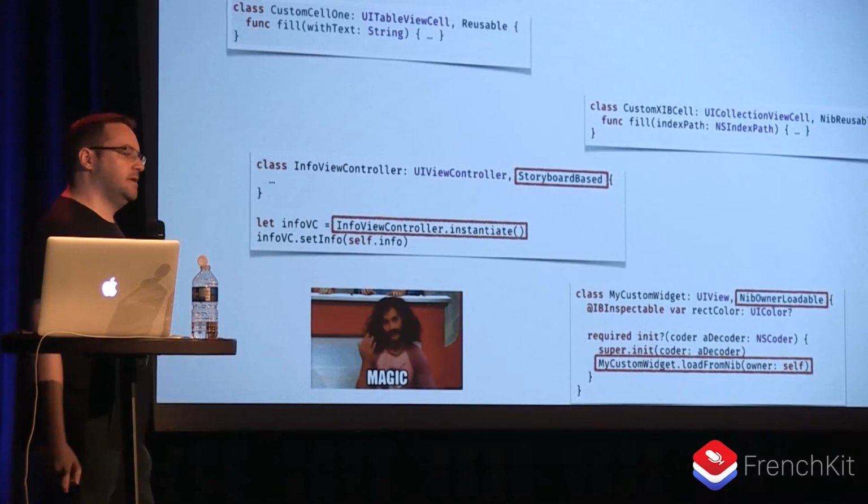This means that if you happen to have a storyboard that will need 3 or 4 of those widgets, you can just drag a UIView onto your storyboard, then change its class to myCustomWidget, and it will automatically call init with coder, which will fill all the content of this widget with the content of the nib.